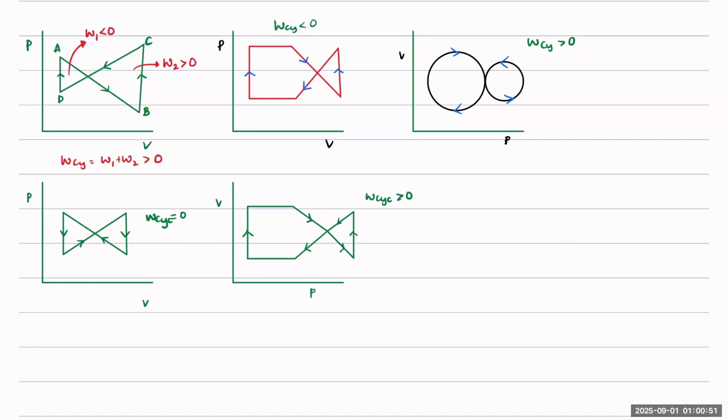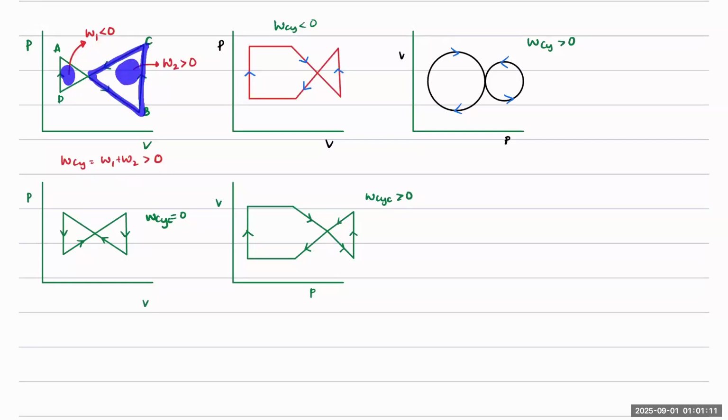What about this cycle? Here you see that B to C, C to some point here, and from there to B. How is it going? It is going anti-clockwise. So that means this part is a positive work done, this part is a negative work done. But as per the figure, this one is bigger in size.